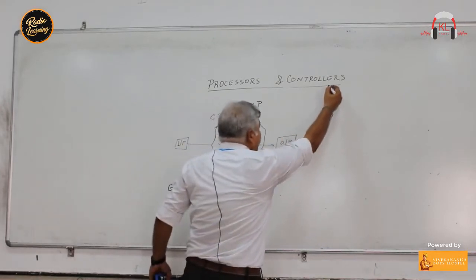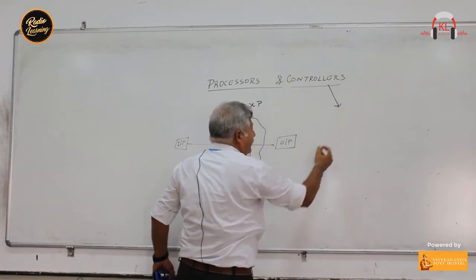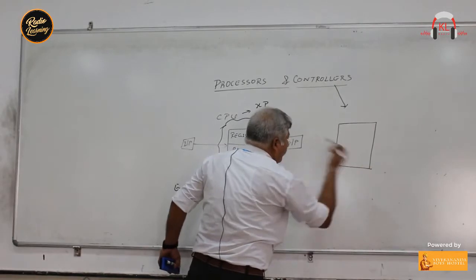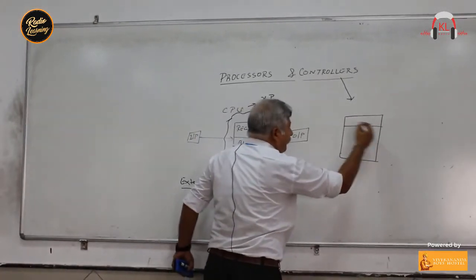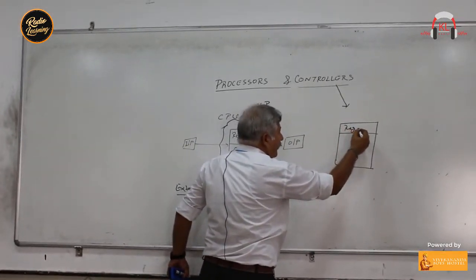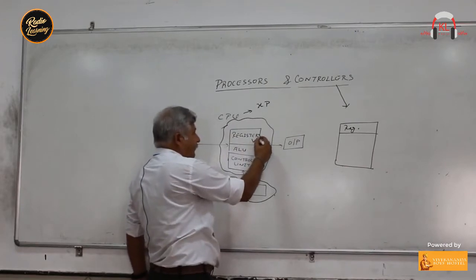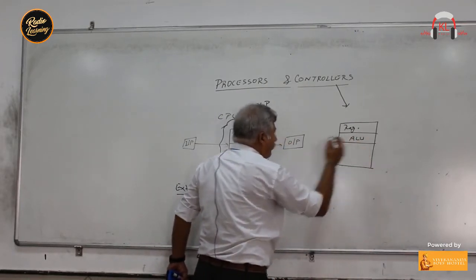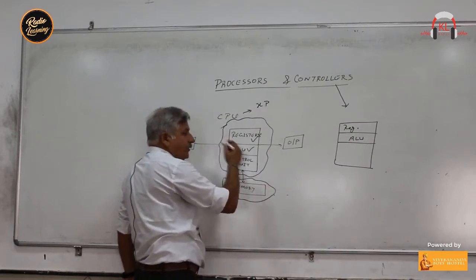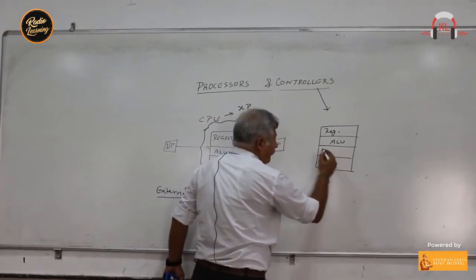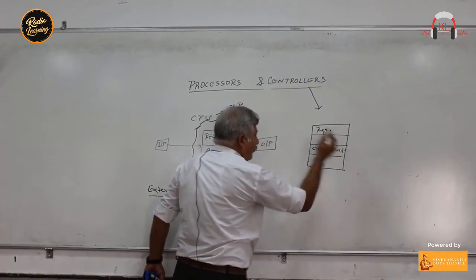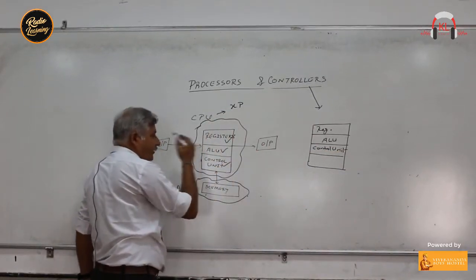Now, if we talk about a controller, then in a microcontroller, we have registers, just like this processor. We have ALU, just like this processor. We have a control unit, just like this processor.